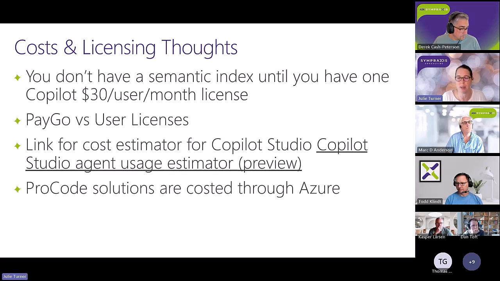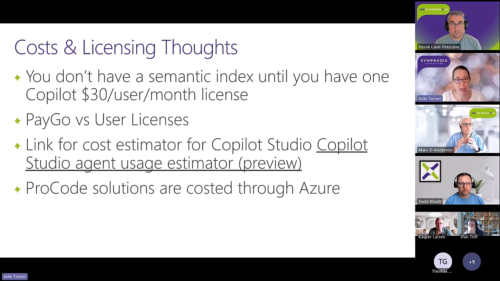So it's very similar to the Power Platform licensing, where you can pay for a premium Power Automate license, for instance, or you can do a Logic app that's consumption based. You can do either one, and it's just how you want to pay for it. So that's the pay-go versus user licenses.